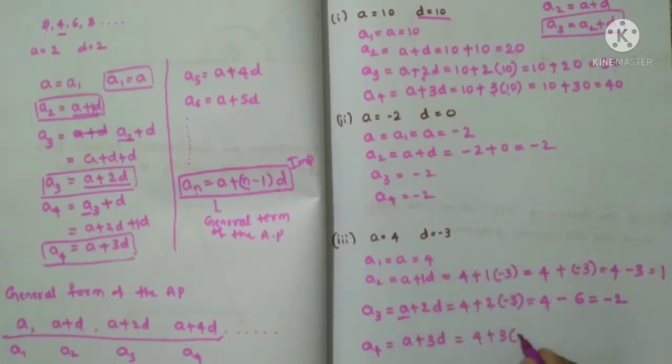D value is minus 3 is equal to 4 plus into minus is minus 3. 3 nines are 9. So 4 minus 9. Minus 9 plus 4. So minus 5. 9 minus 4 is 5. Bigger number is 9 here. So minus 5. So 4 terms of the AP are 4, 1, minus 2, minus 5.